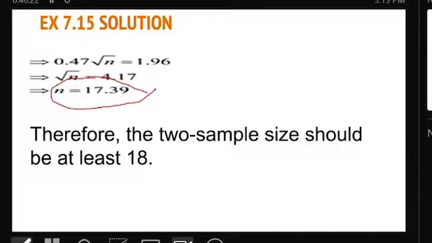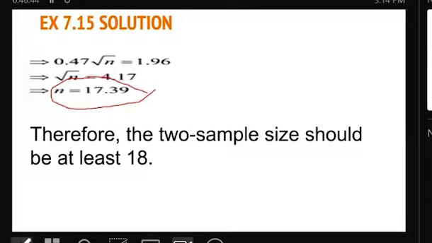Mathematically speaking, if I want to round this, it should be 17. But in statistics, when you are dealing with sample size determination, we normally round up. That's why I said at least 18. Any question on this?